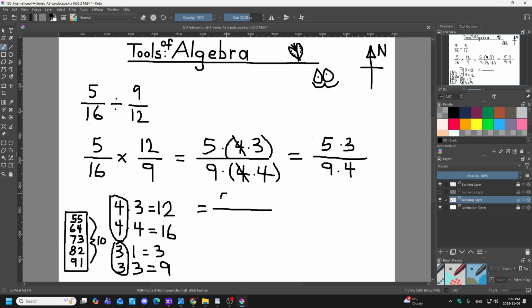So the 5 is just going to be hanging out, and we're going to break the 3 into 2 numbers. The 4 is also the hanging out number, just waiting, and we're breaking our 9 apart. 3 times 3.